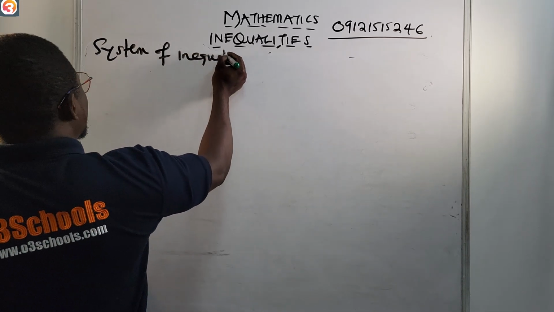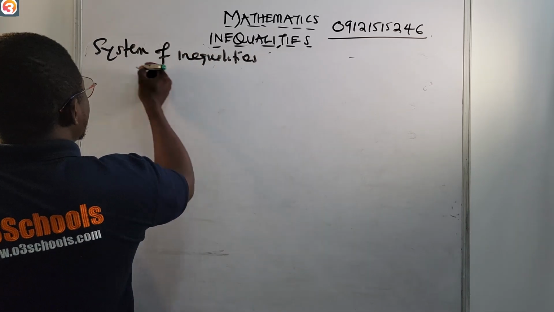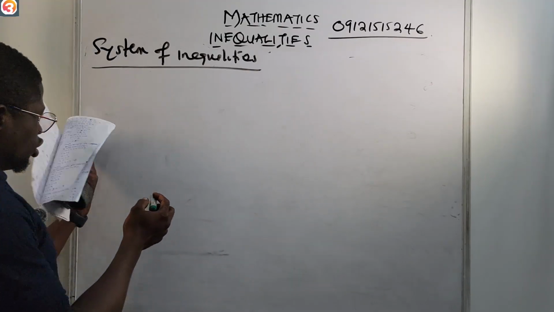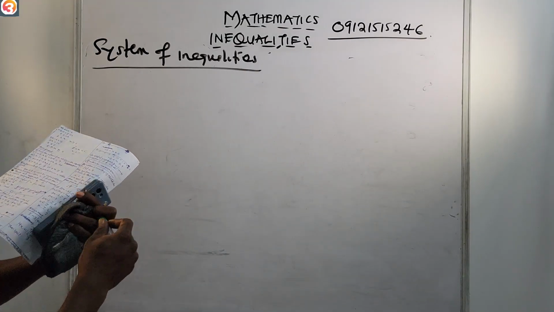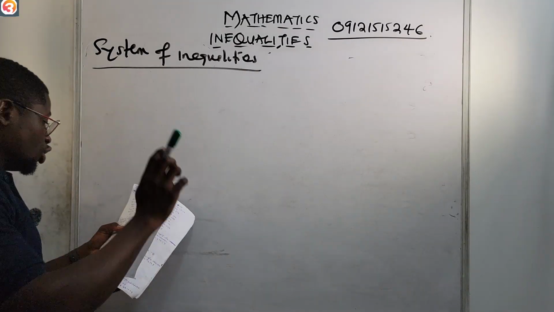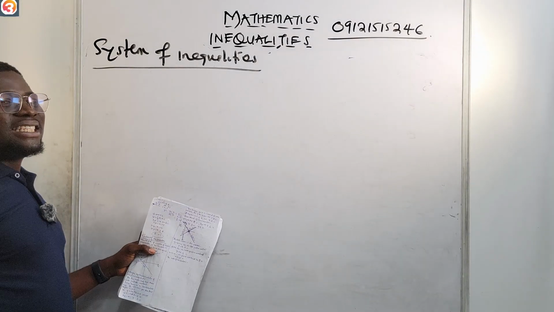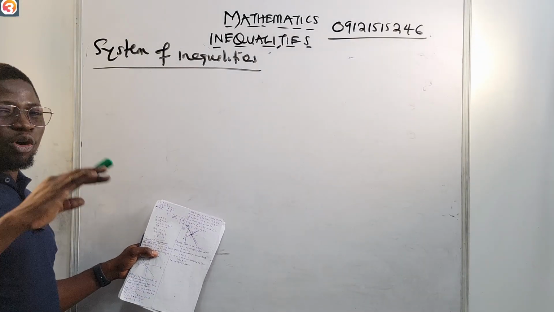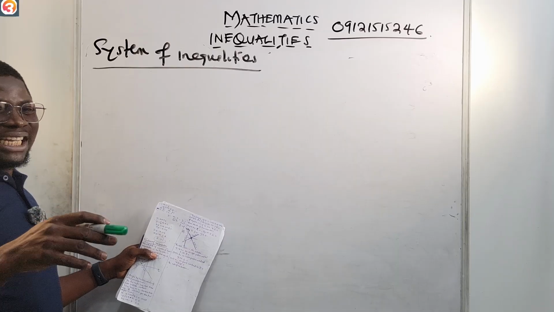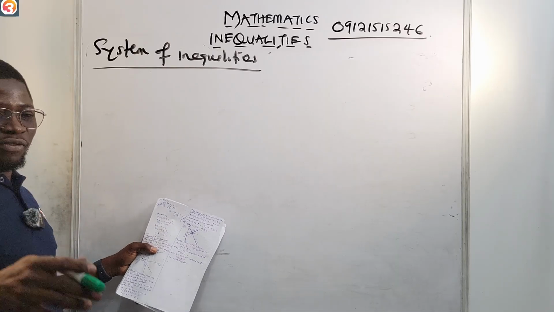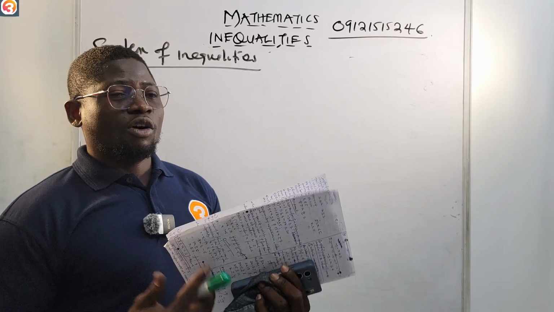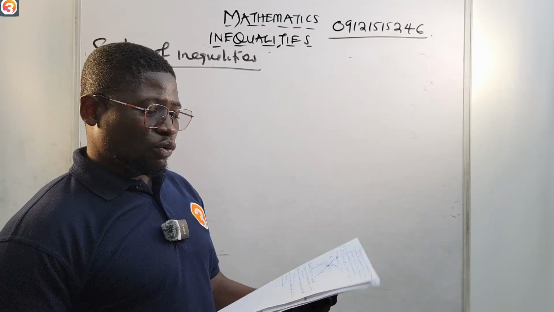We say that the solution of a system of linear inequalities is the point of intersection of all the equations involved. The point of intersection of all the equations involved is the solution of what? Of a system of linear inequalities.